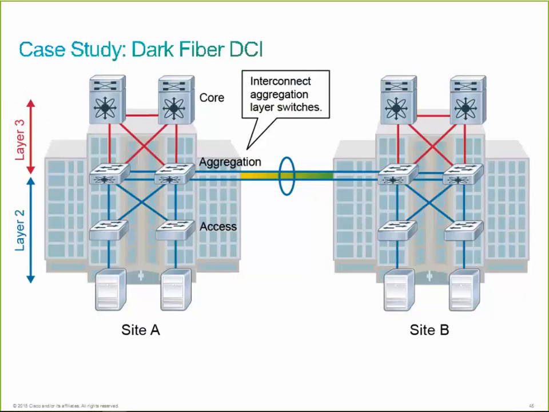We should always keep spanning tree enabled. That always needs to be there as kind of a last resort. And we're going to use other technologies like UDLD and whatnot to protect from having loops in the network. But the idea is that we're getting that aggregated link between the data centers.